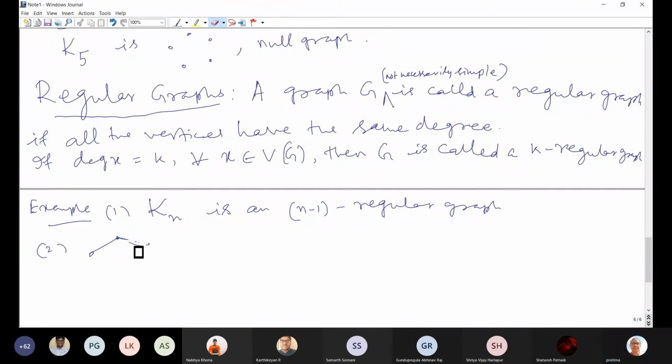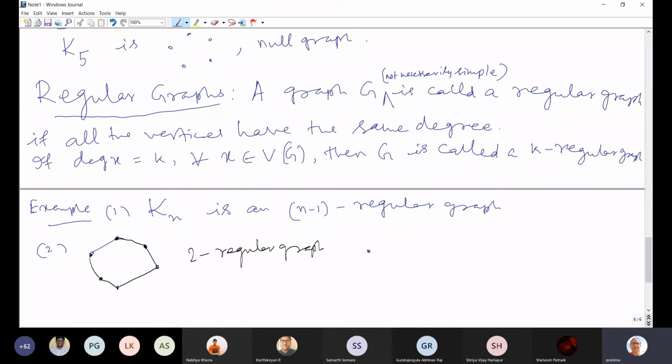Here, you know that this kind of graph will be called a cycle. Anyway, we'll give its definition also. So this is one example of a 2-regular graph.